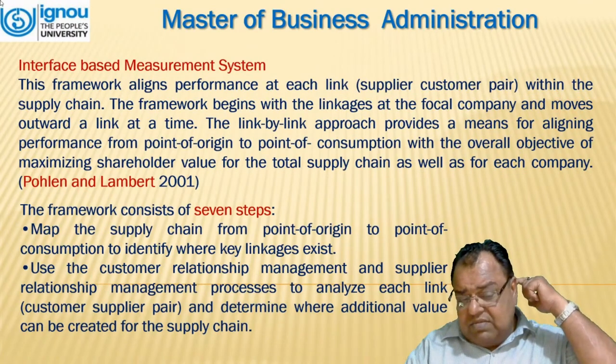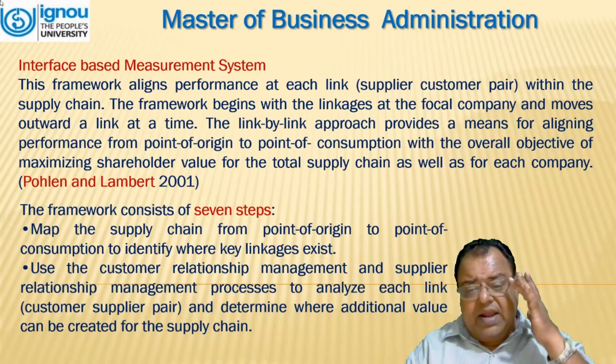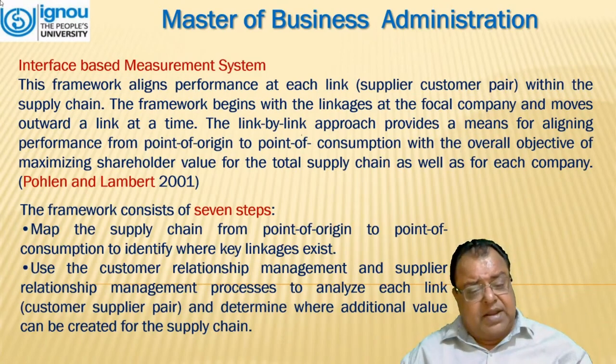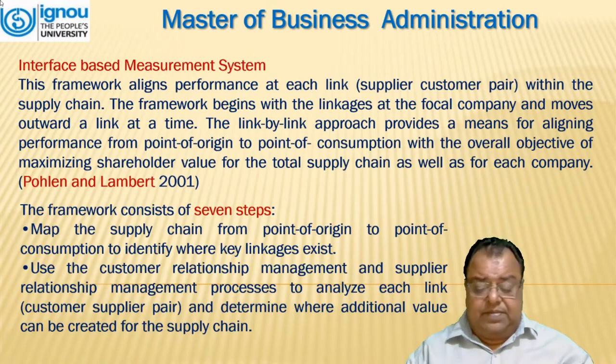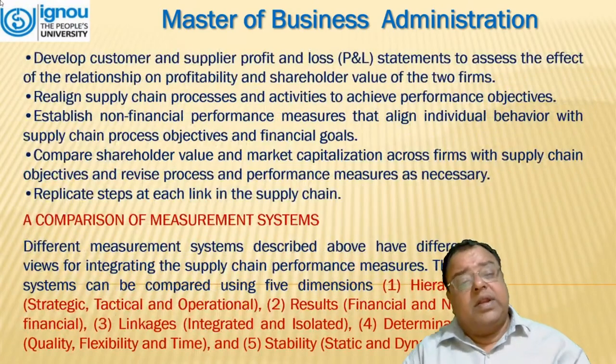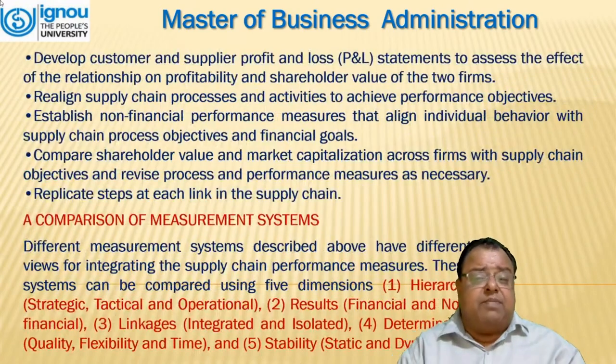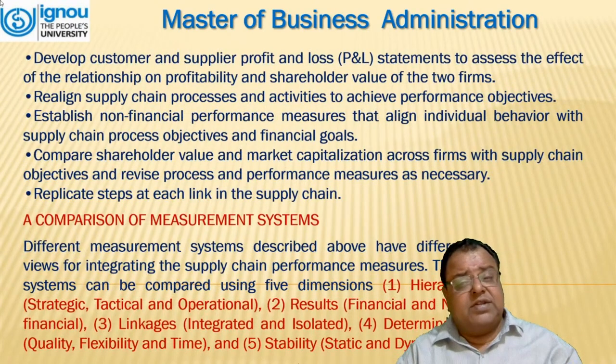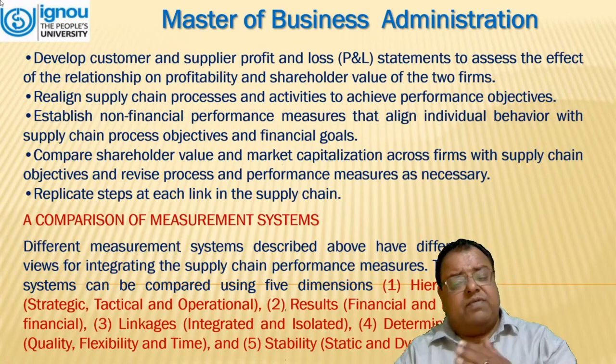Use customer relationship management and supplier relationship management processes to analyze each link and determine the additional value that can be created from the supply chain. Develop customer and supplier profit and loss statements to assess the effect of relationships on profitability and stakeholder value of the firm.